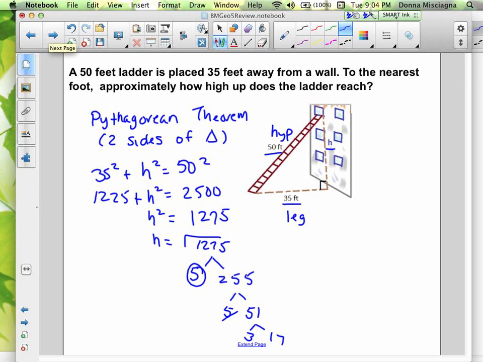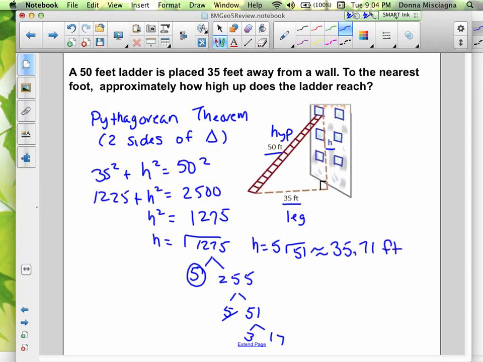So the exact answer would be 5 square roots of 51, which is approximately, let's see, approximately 35.71 feet.